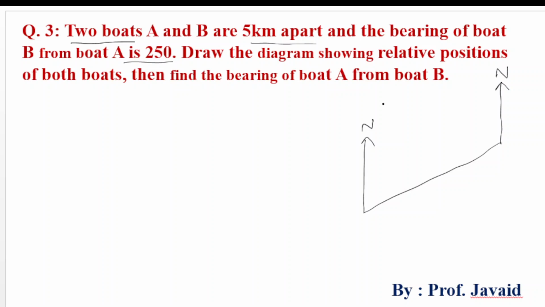So this distance is given, 5 km apart. Let's give the names. This is A and this one is B. So these two boats are 5 km apart. Now what we have to tell? It's given one more thing, the bearing of boat B from A. So we have to find the bearing of boat B from A. So we will move from here like this.